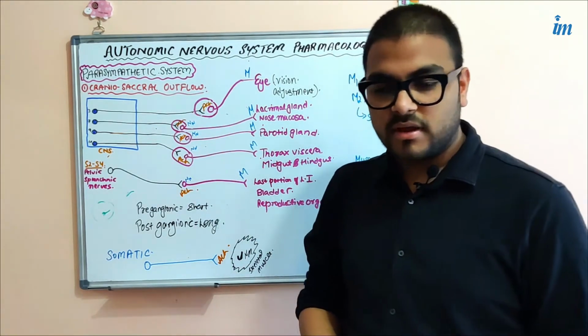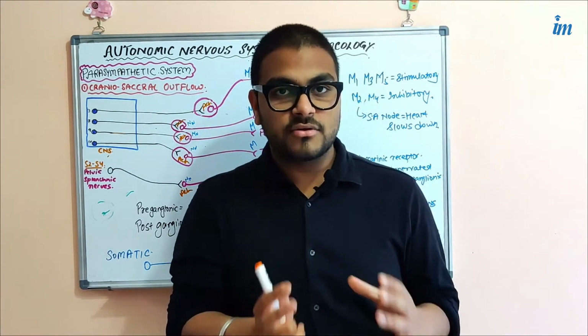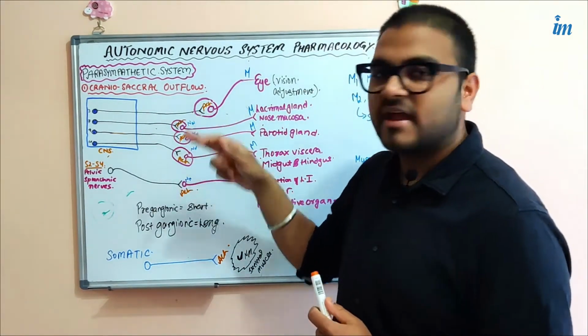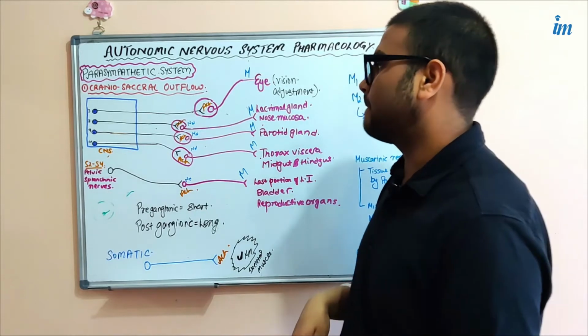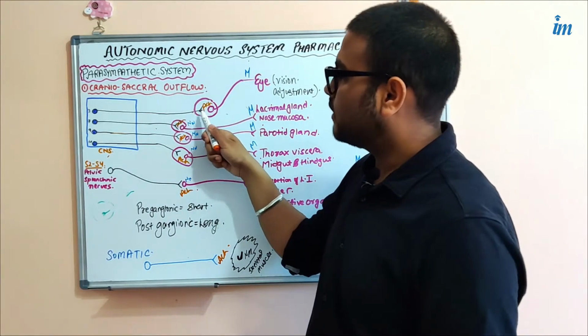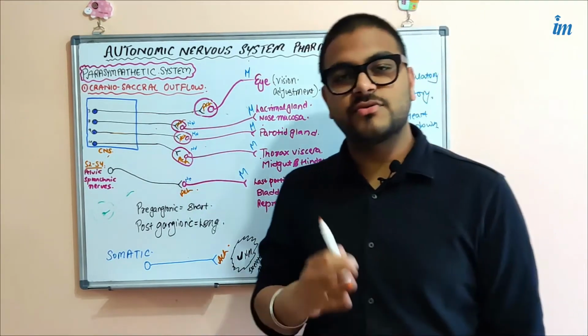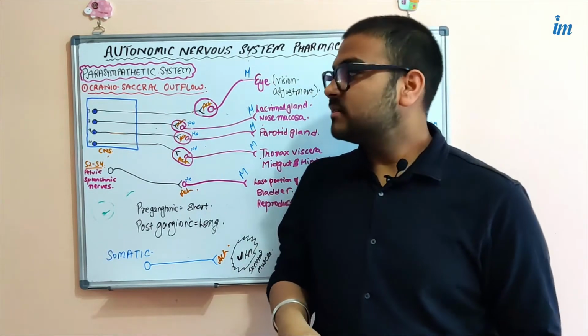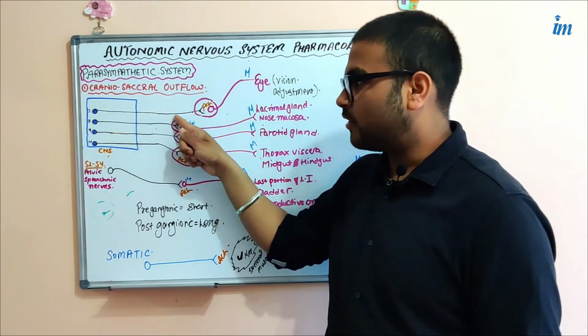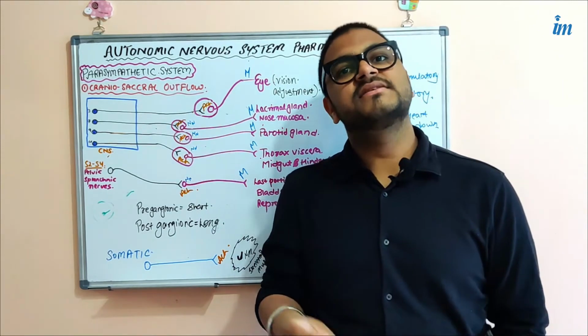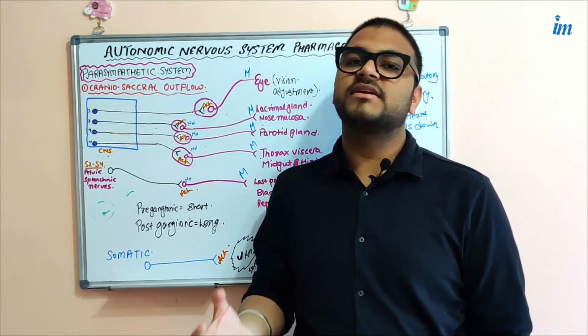Ganglion is where the two neurons are there. Okay, the tail of one neuron and the head of the another neuron. Okay, so what neurotransmitter is released in the ganglion? This preganglionic neuron, from its axons, it will release what?